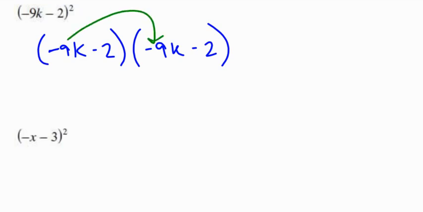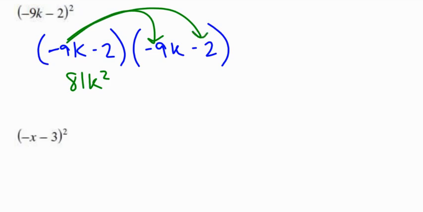So here I have a -9k times -9k, so I have a positive 81k squared. I have no idea why that turns red, but a positive 81k squared.